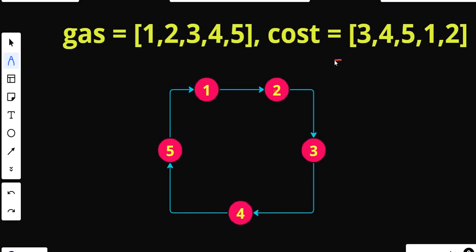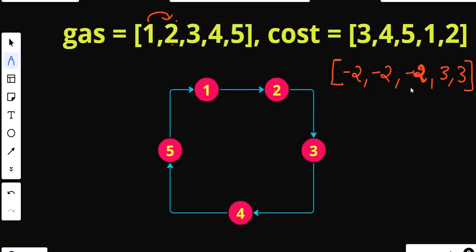If from this to this index we were traversing, we were doing 1 minus 3, so we got -2, correct? Then for 2 to 3 we did 2 minus 4, that is -2. Then 3 minus 5 also gave us -2, then 4 minus 1 gave us 3, and 5 minus 2 gave us 3. So these were the values that were formed, correct?